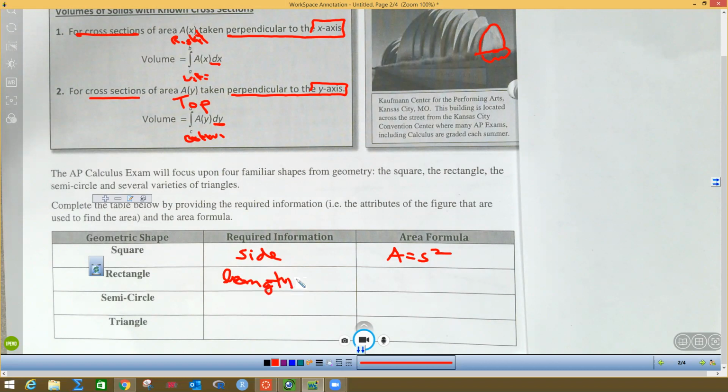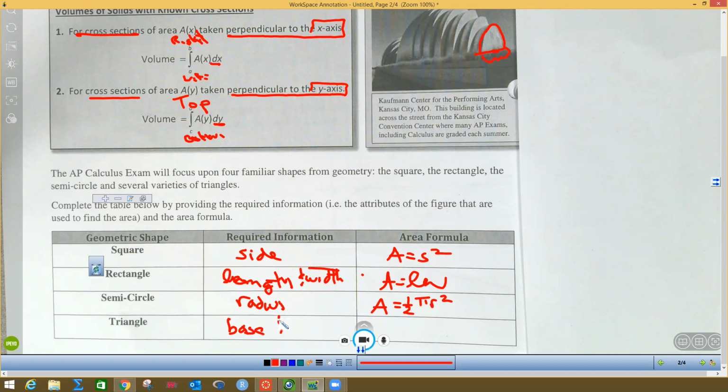But I'm going to write down length and width because the formula we normally do for a rectangle is area equals length times width, LW. And then a semicircle, the radius is the key, because the area of a regular old circle is pi r squared. But then this is half of that, so I'm going to put a half out front. And then a triangle, we have to know the base and the height.